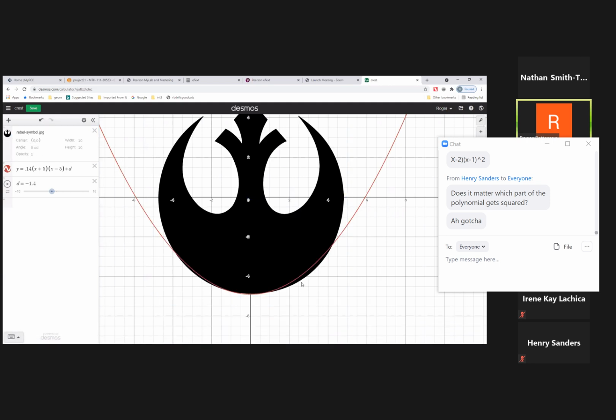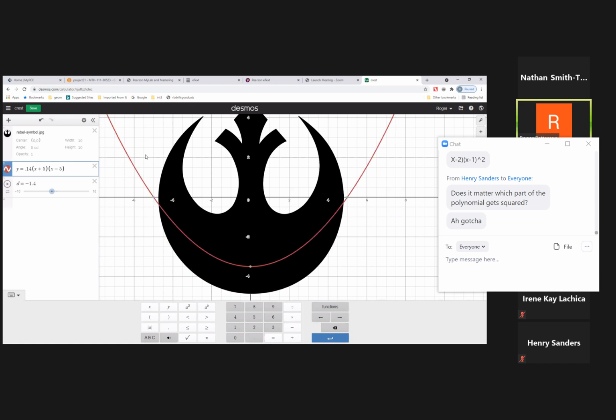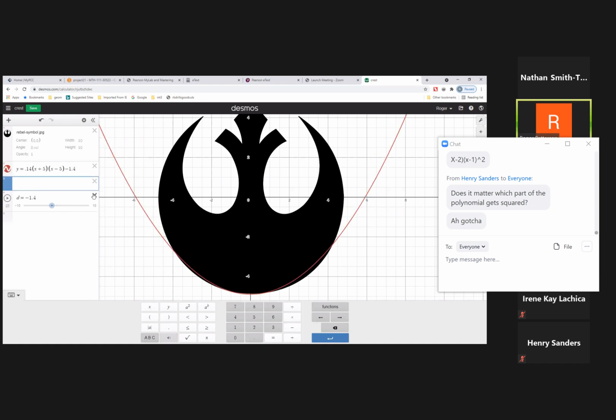That's pretty good. Now you can, again, play with this as much as you want to. I want to make this a -1.4. And I played with it a little bit earlier, so you'll see what I got when I did it before. So that fits on there till about right about here maybe.